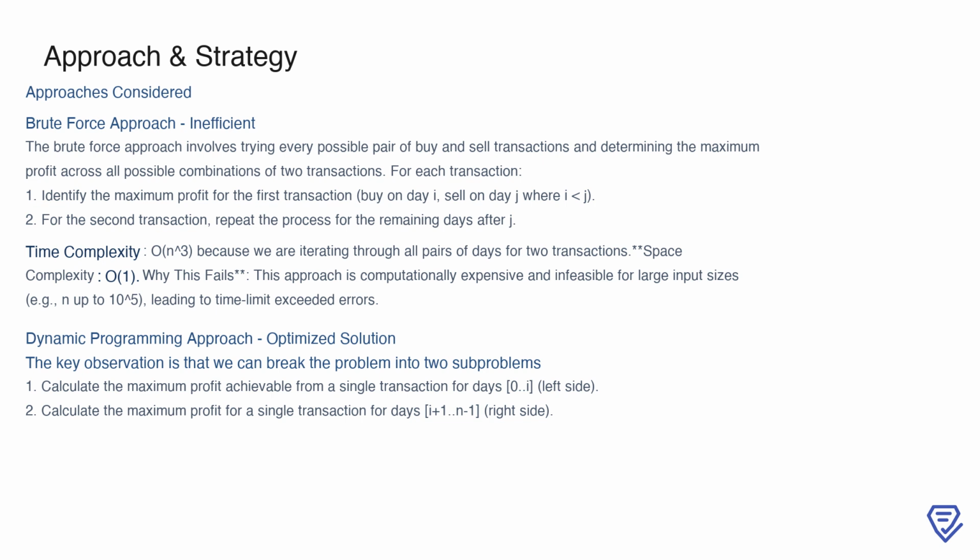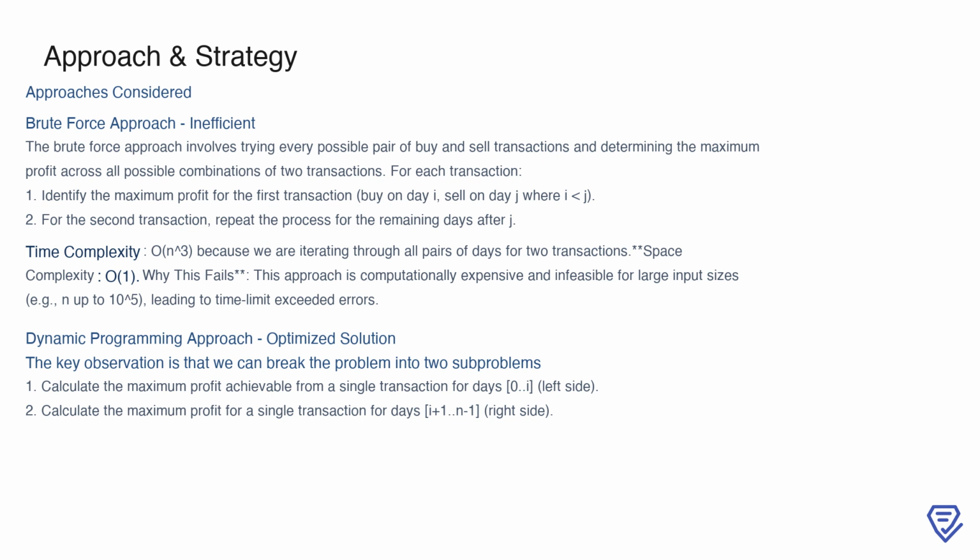When tackling the problem of maximizing profit from 2 stock transactions, the brute force approach might seem like the most straightforward option. Here, we would evaluate every possible pair of buy and sell transactions, checking all combinations to determine the highest profit. This involves, for each transaction, finding the best profit by buying on one day and selling on a later day, then doing the same for the second transaction on the remaining days.